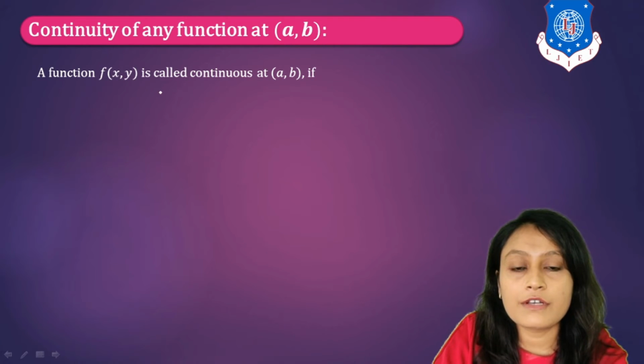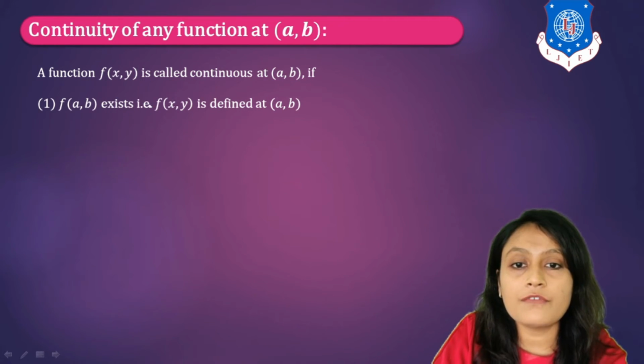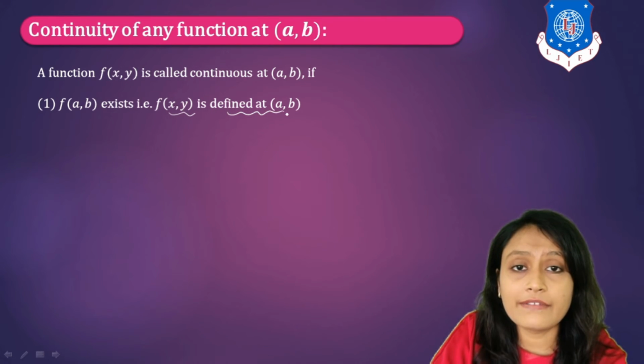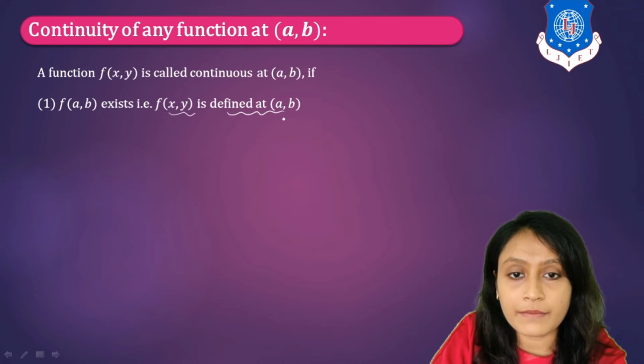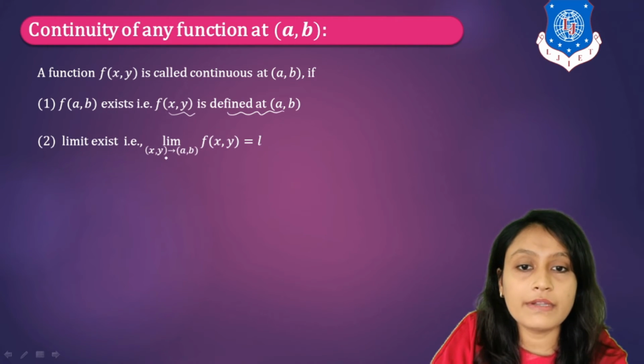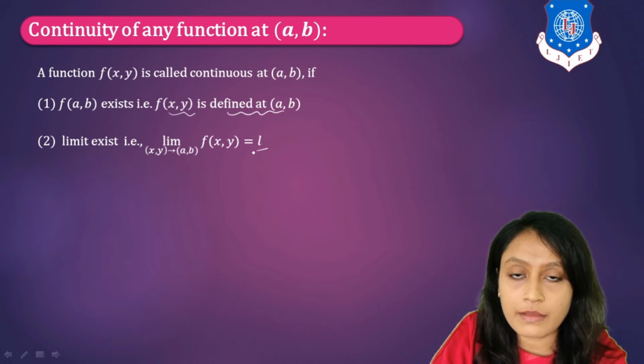Okay, so firstly we will study its definition. A function f(x, y) is called continuous at (a, b) if, first, f(a, b) exists, meaning this function should be defined at this particular point (a, b). Next point is the limit exists, meaning the limit as (x, y) tends to (a, b) of f(x, y) equals L, and this L should be a unique number, right?